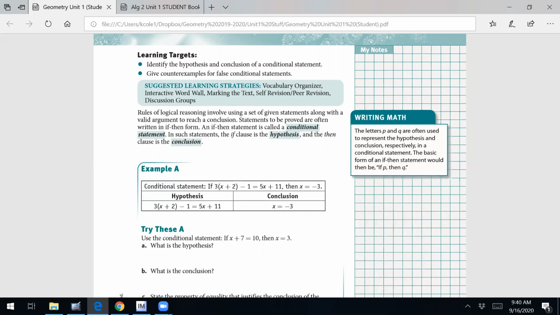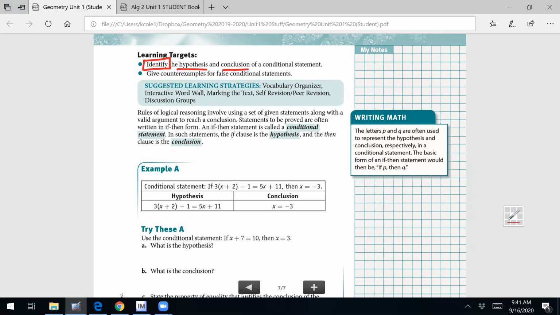It is page 29. All right, so if we look at our learning targets and what they're asking us to do, it says identify. So we're going to be identifying the hypothesis and the conclusion of a conditional statement. So hypothesis, conclusion.